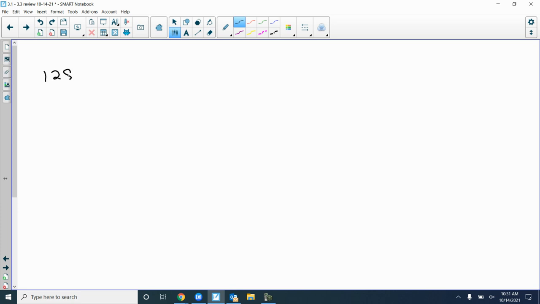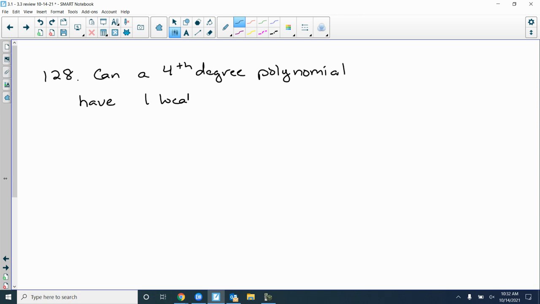Okay, so 128: can a fourth degree polynomial function have one local max and one local min? Exactly one of each. All right, let's go to that.